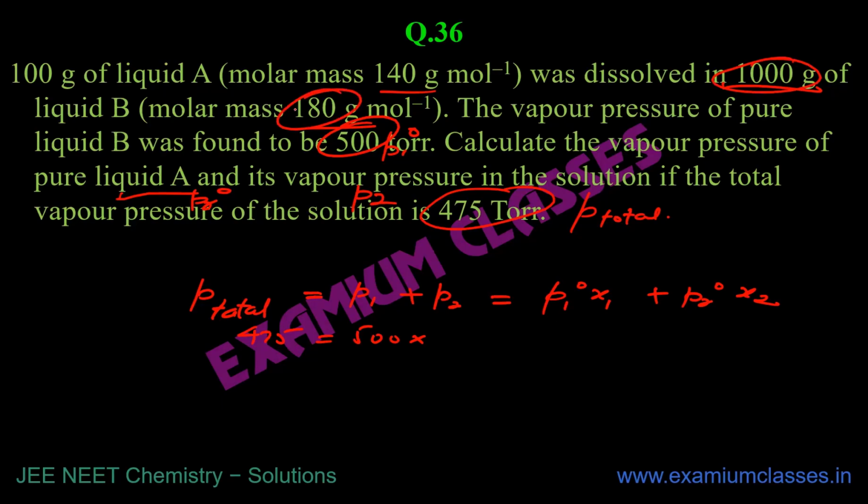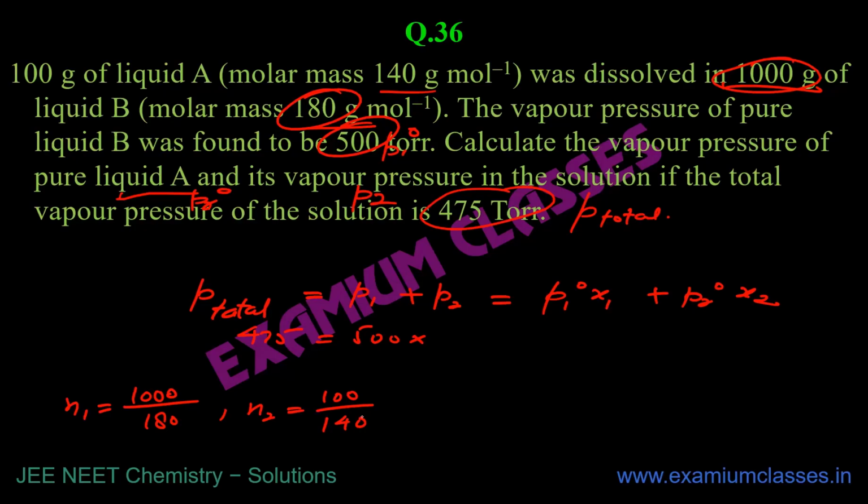So N1 will be this one. So N1 equals given mass divided by molar mass 180. N2 equals given mass divided by molar mass. Remember, I am considering N1 as the liquid B.